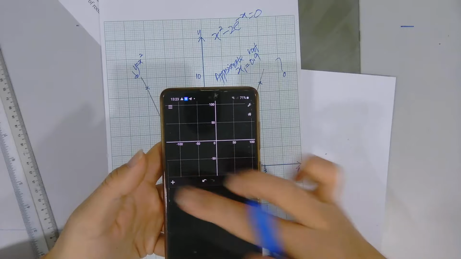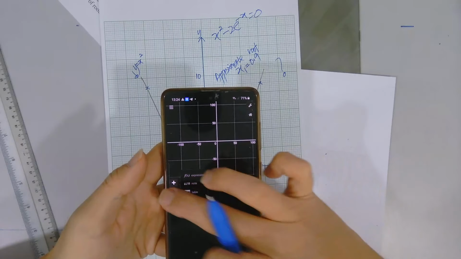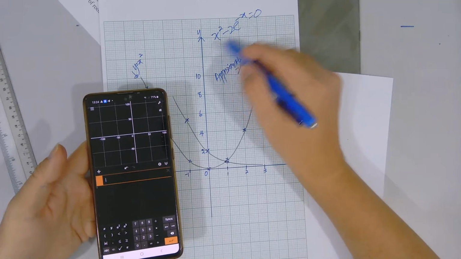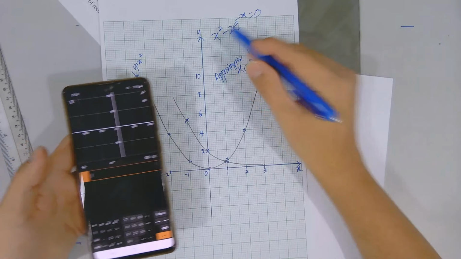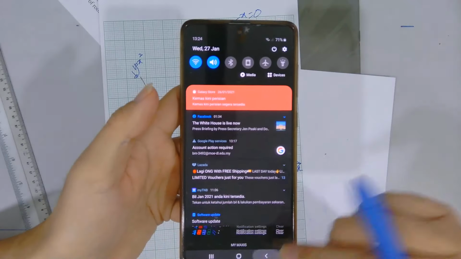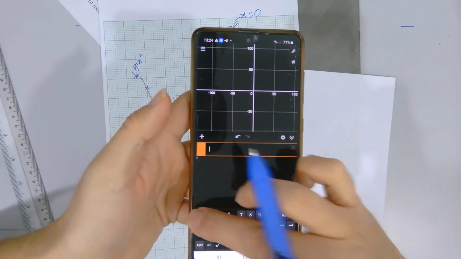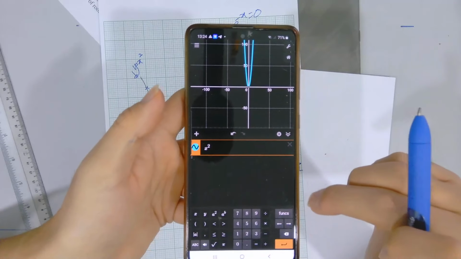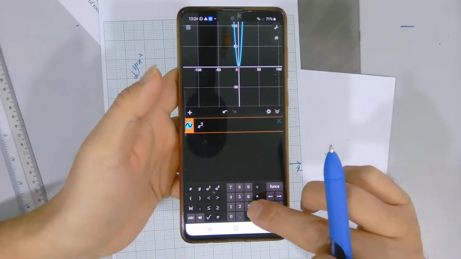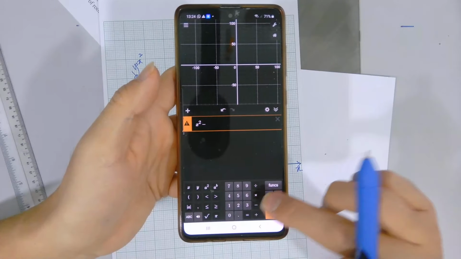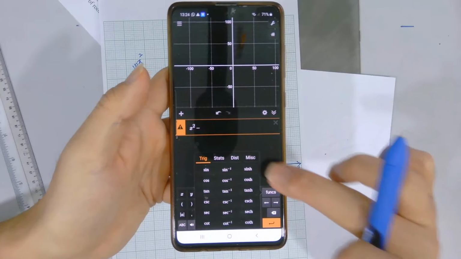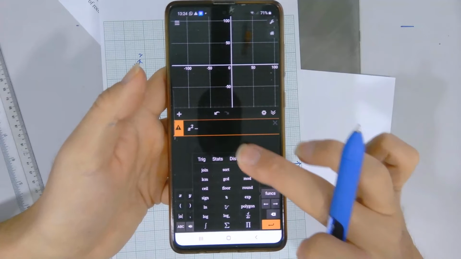I want to key in the equation and combine the two graphs. So x squared, using the alphabet x, then squared, then minus. Choose the function here, MISC, miscellaneous.